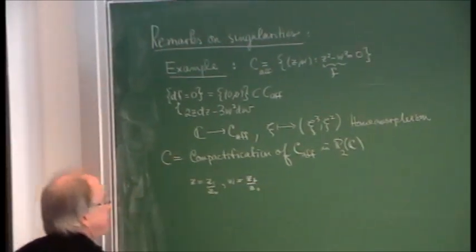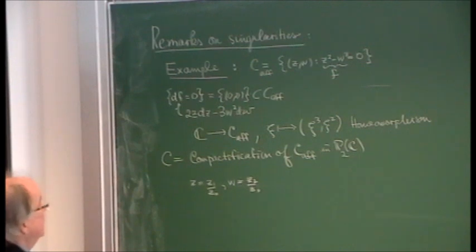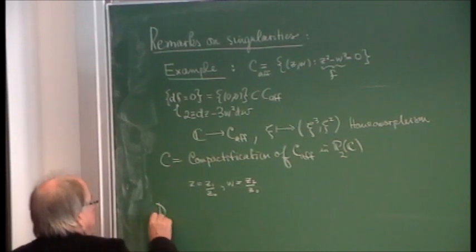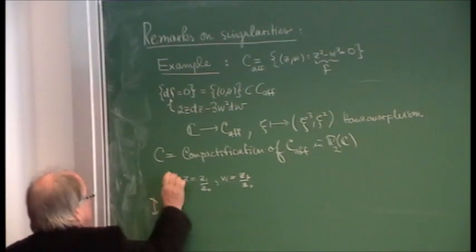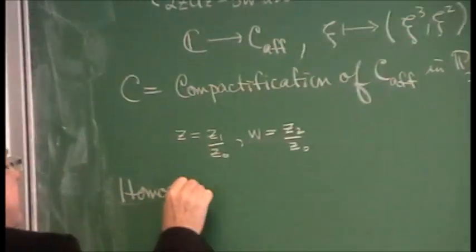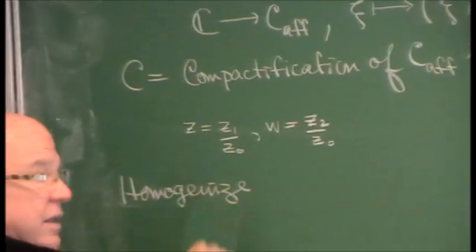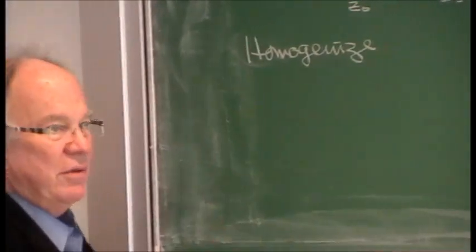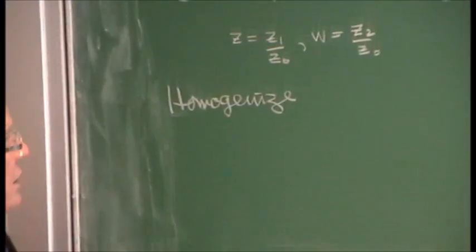It's a good exercise just to do this. And so we put the affine coordinates in the curve equation. We homogenize. I'm just talking about the singular curve.